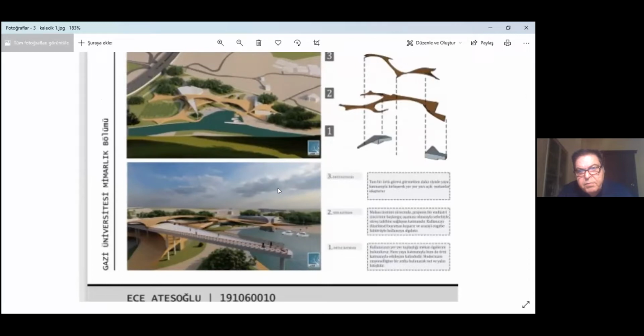And her main idea diagram had 3 levels. Buildings are generally hidden in the environment, and there are some organic connections, double layer connections between buildings and vineyards.